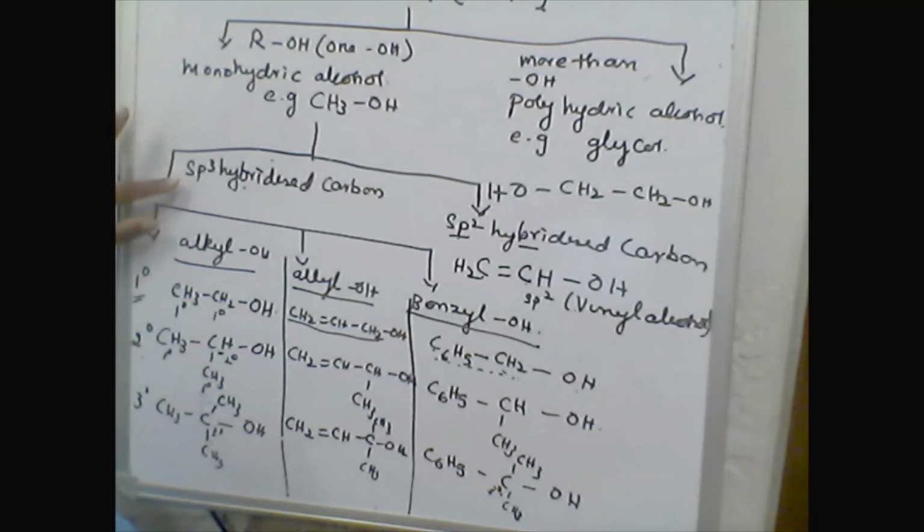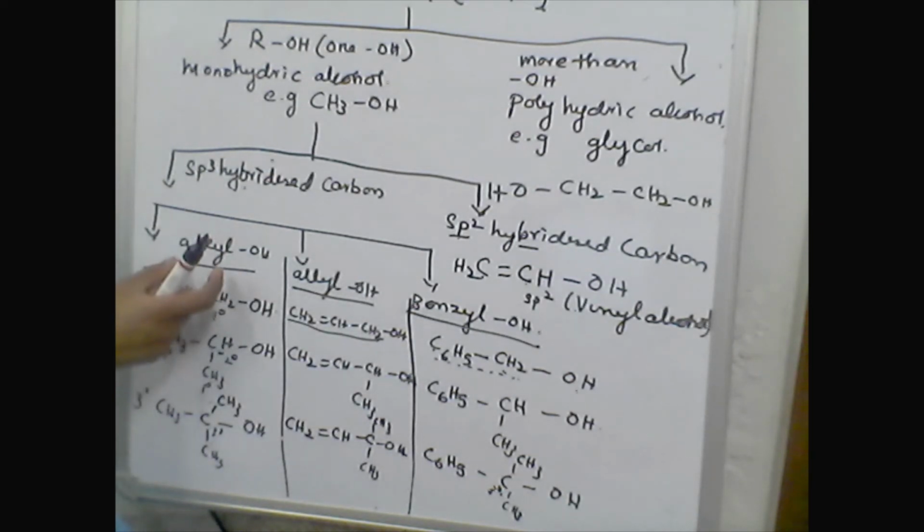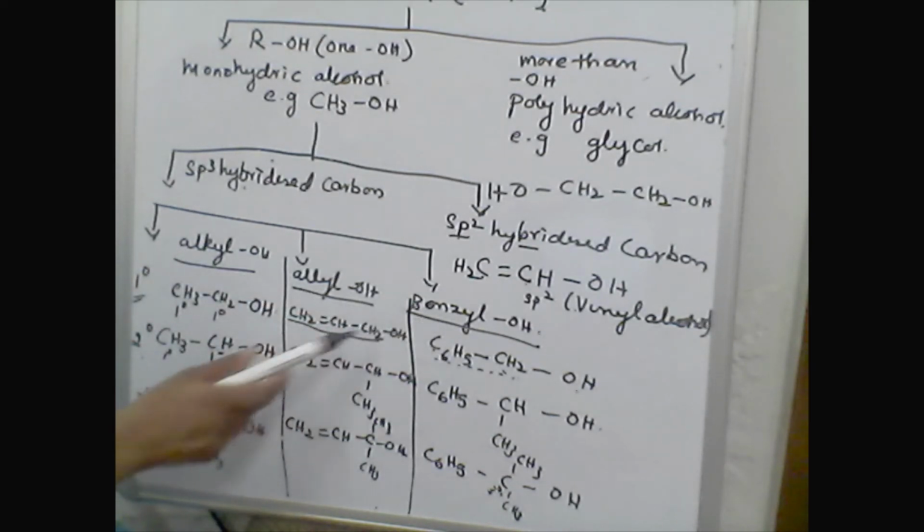sp3 hybridized means the OH is connected to an sp3 carbon. The sp3 carbon can be subdivided into three types based on the hydrocarbon part. The OH can be directly connected to alkyl, allyl, or benzyl.